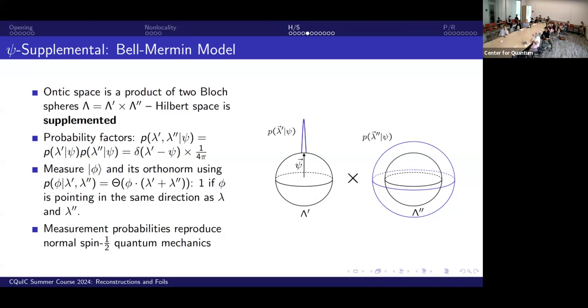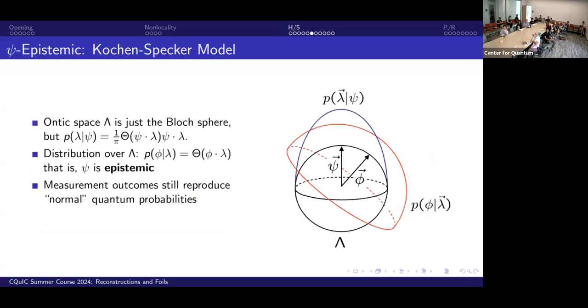And what this is all saying is that if B, the thing you're measuring, is pointing the same direction as the sum of these two vectors, lambda prime and lambda double prime, then you'll have probability 1 of getting that specific measurement outcome B, as opposed to measuring along the opposite direction here. And now it can again be shown that measurement probabilities still reproduce standard quantum mechanics.